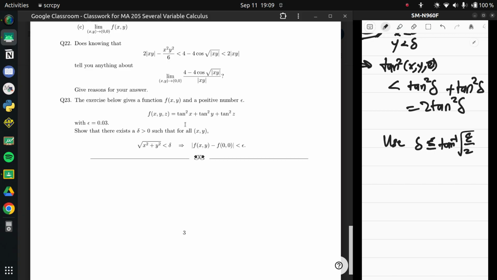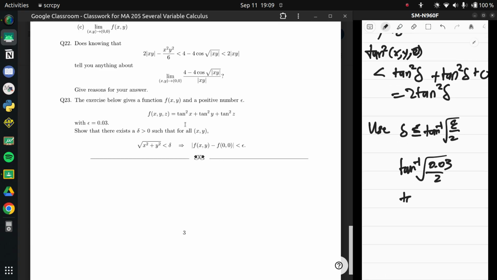Yeah. So in this case it would just be something like tan inverse of square root of 0.03 by 2, which is like, I have no idea what this number is. Okay, now the question is how do you find this number? Oh, this is pretty easy.